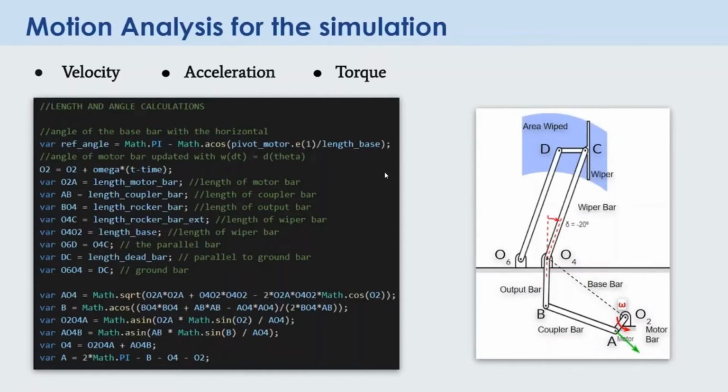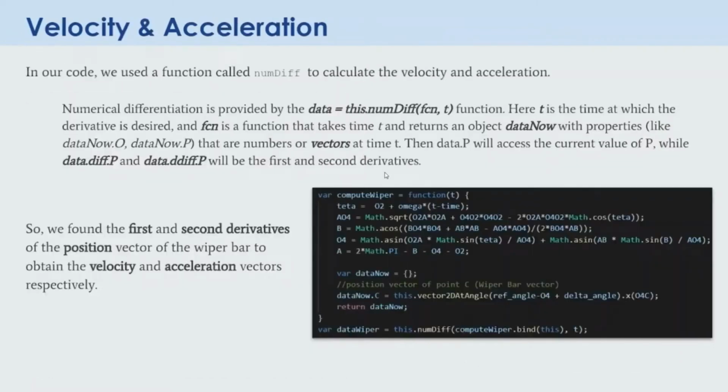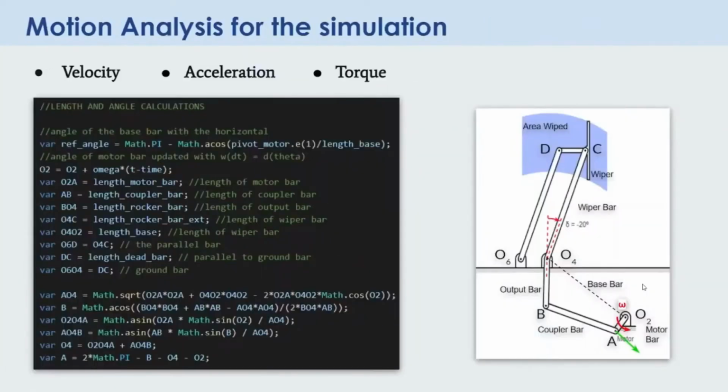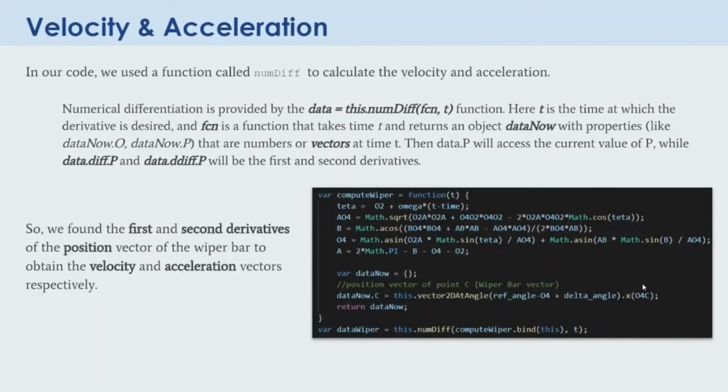For velocity and acceleration, we use the function num_diff. Using num_diff, for finding the velocity we differentiate the position vector of the wiper bar, and for finding the acceleration we again differentiate the velocity function of the wiper bar.